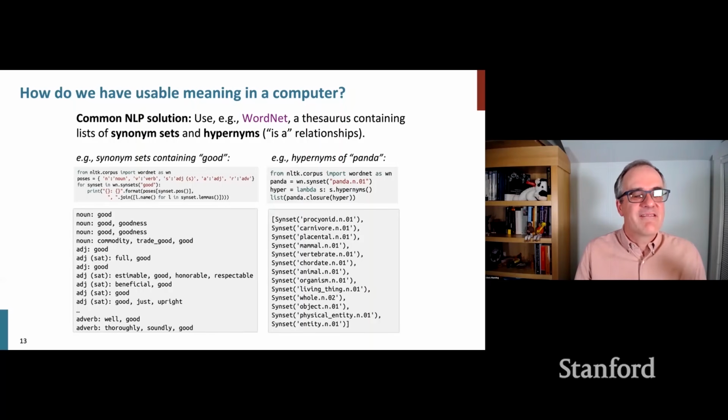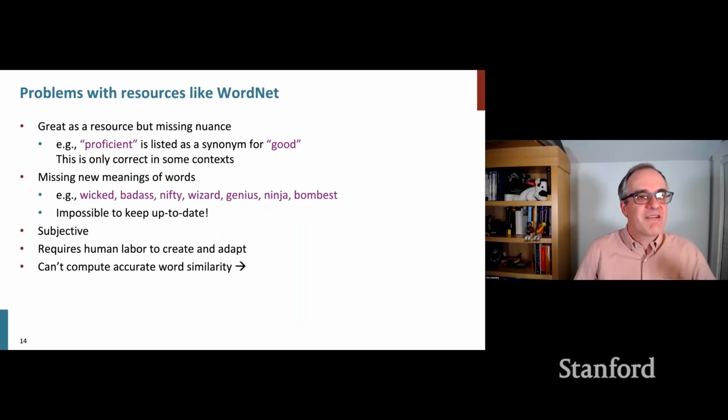So for the is-a relationships, we can kind of look at the hypernyms of panda, and a panda is a kind of procyonid, whatever those are. I guess that's probably with red pandas, which is a kind of carnivore, which is a kind of placental, which is a kind of mammal, and you sort of head up this hypernym hierarchy.